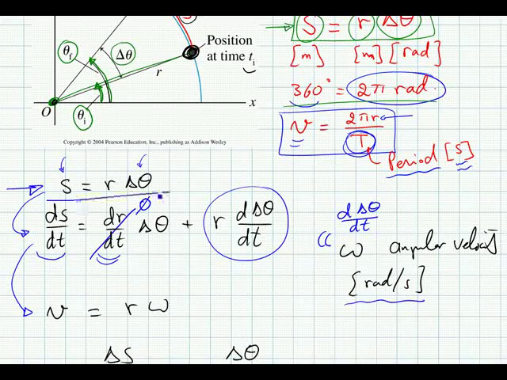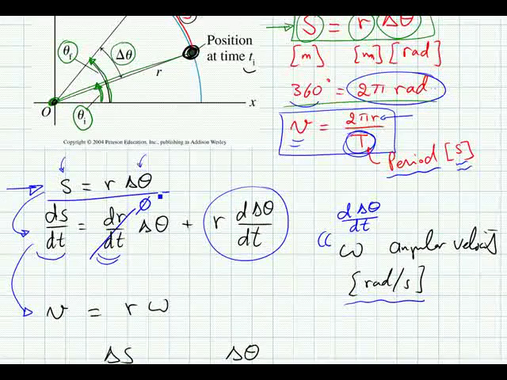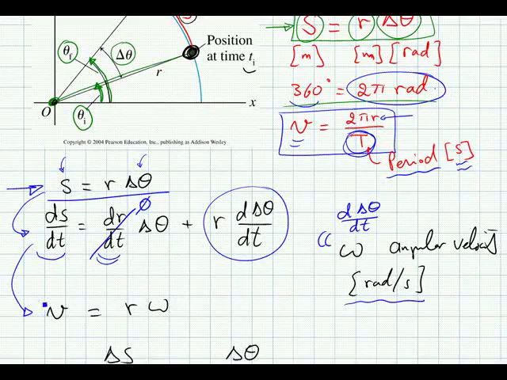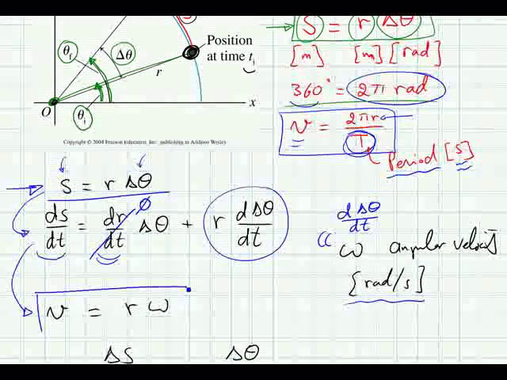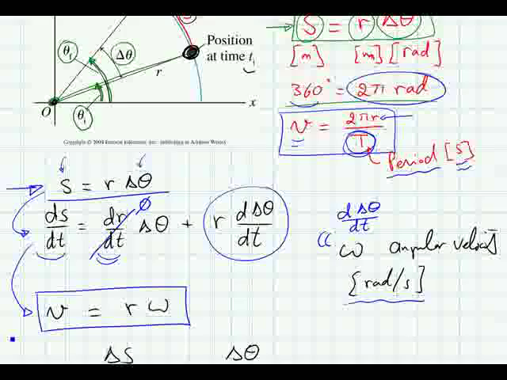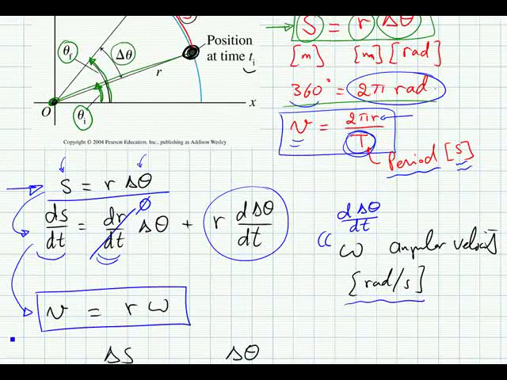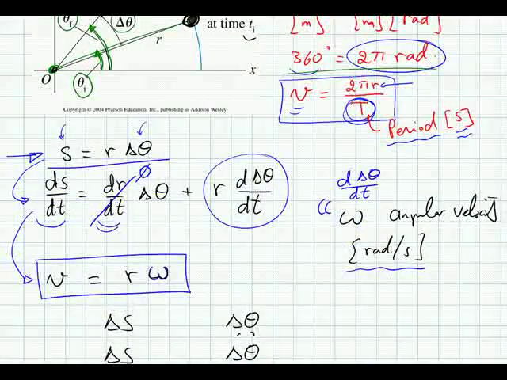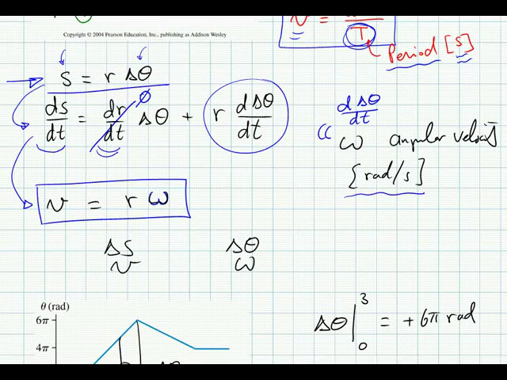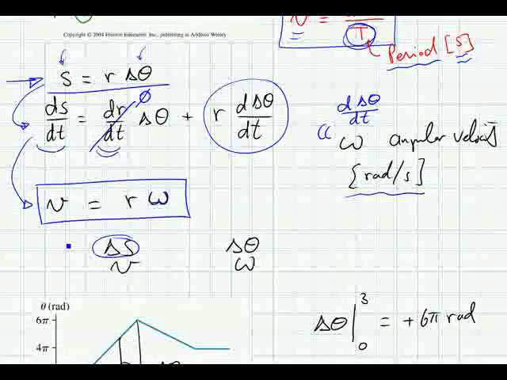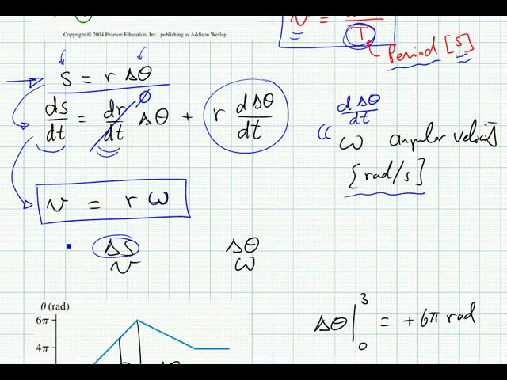So from our s is equal to r delta theta, we now end up with another useful expression, which is that the linear velocity of the object v is equal to r omega. This is not a w, this is omega. It stands for angular velocity. So in the linear universe, we had linear displacement delta s.